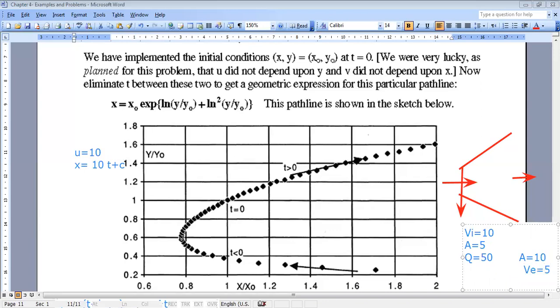Now, why do we say it's a steady flow? Because if I track a certain location and observe with time, I will not see any variation at that location. At this point, at any instant the velocity will be 10, and at the exit, at any instant the velocity will be 5. But if you put a particle here and follow this particle, what happens to its velocity with time?